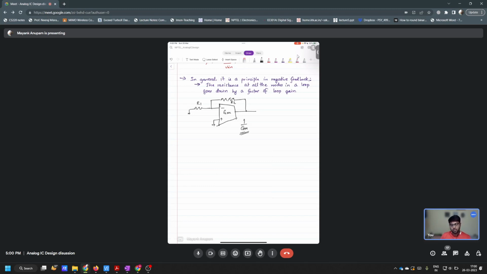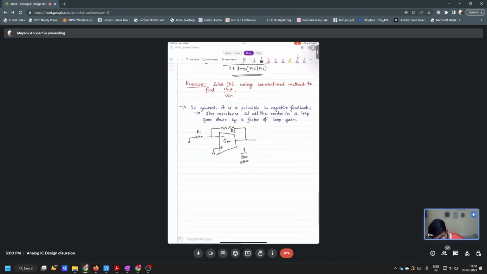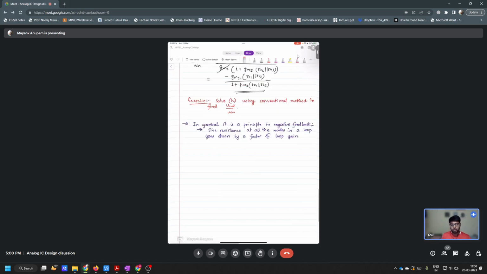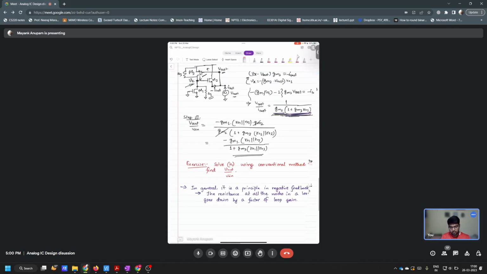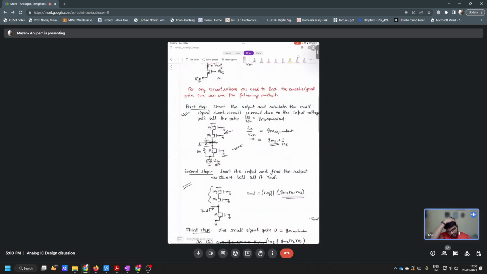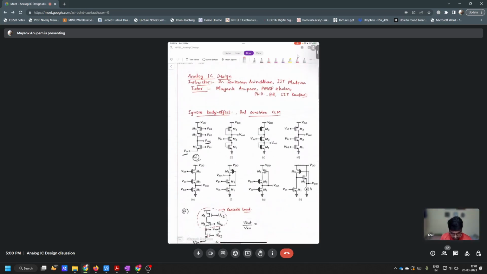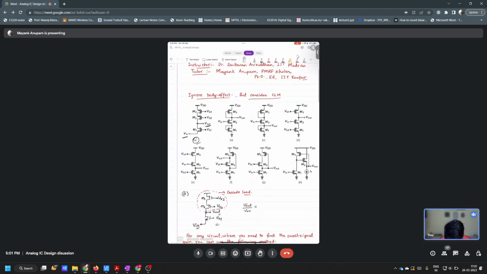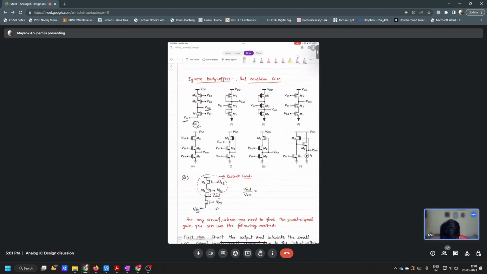So in general, when you want to reduce the output resistance, you put it in negative feedback. Not only output resistance, but any high impedance node will become a low impedance node when you put it in negative feedback. So that is the intuition. Fine. So I guess you can solve any question in this little series of questions here.